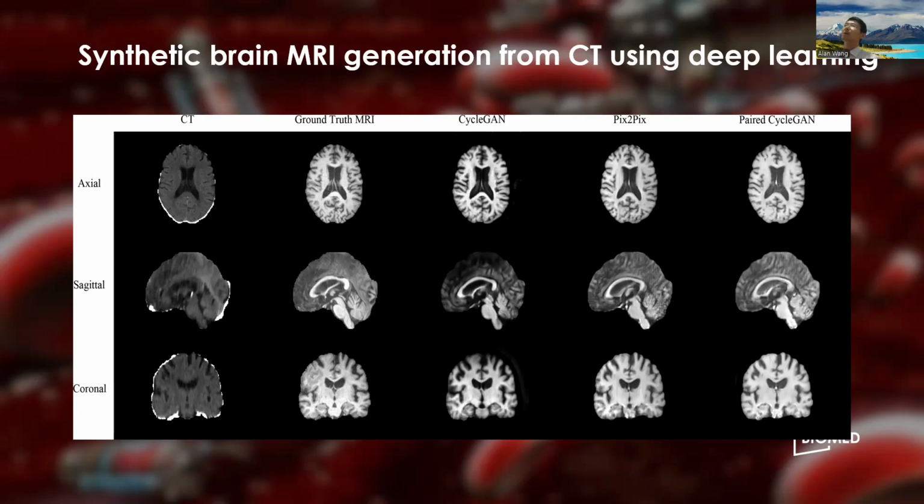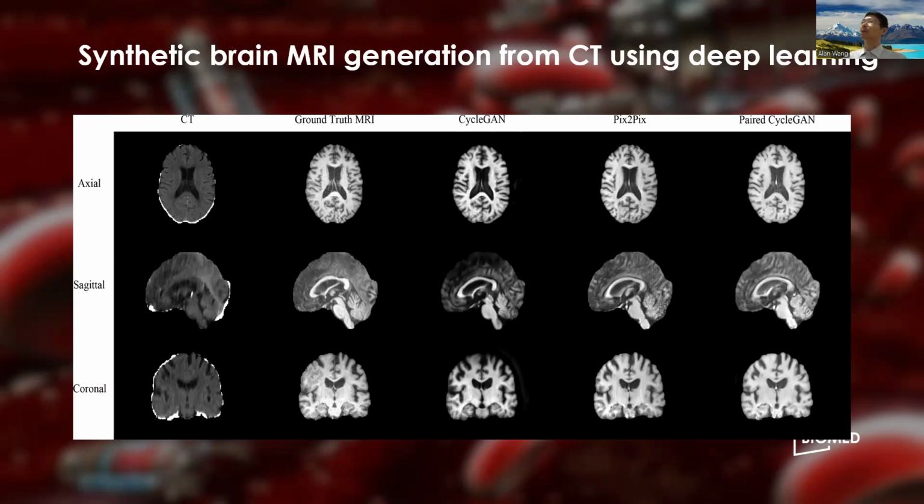So we proposed the concept based on deep learning models to generate the pseudo or synthetic MRI from CT. As shown on this slide, we compare the different deep learning based methods, different models, and you can see that the generated pseudo MRI or synthetic MRI is quite comparable to the ground truth MRI.